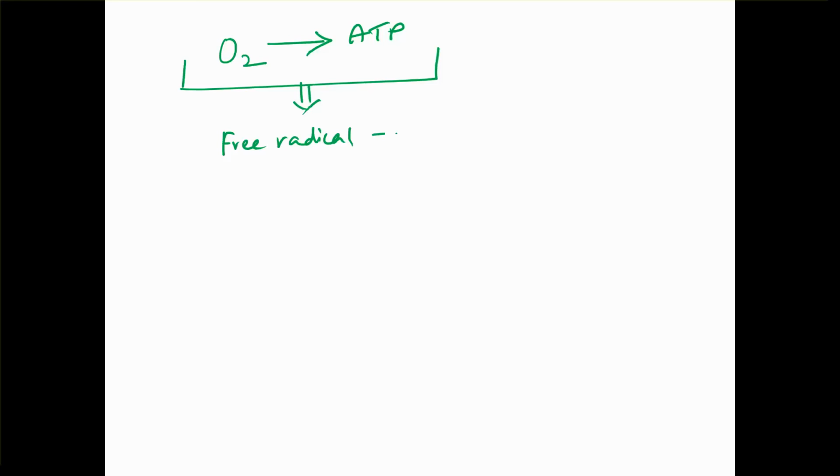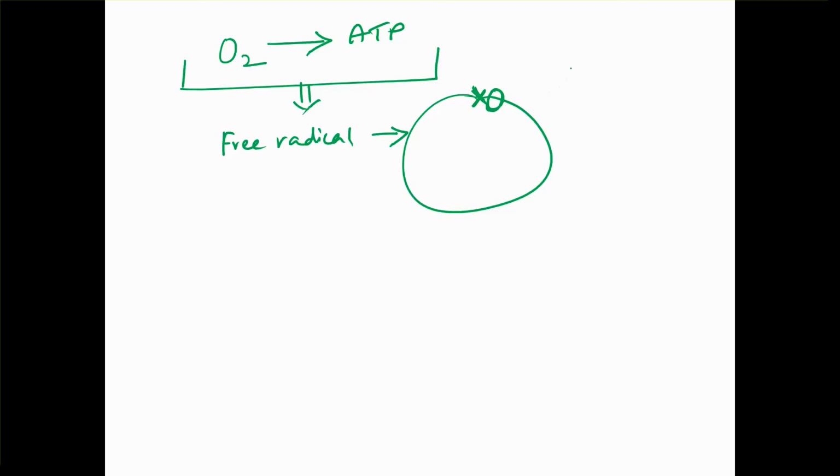During the process of oxidative phosphorylation, that is, oxygen producing ATP, some chemical substances are produced, called free radicals. Free radicals are chemical substances with a single unpaired electron in the outer orbit, so there is an empty electron spot.